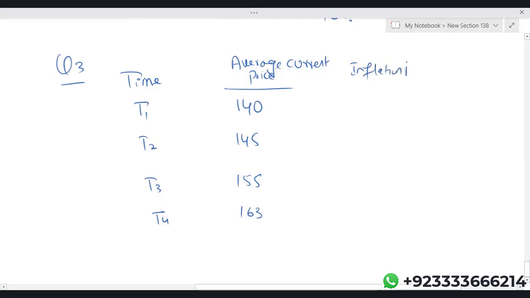Inflation per annum 18%, 15%, 12%, and 13%.